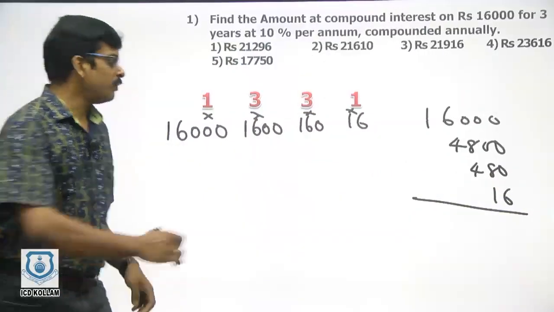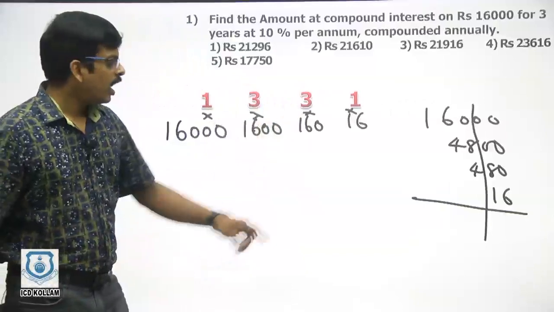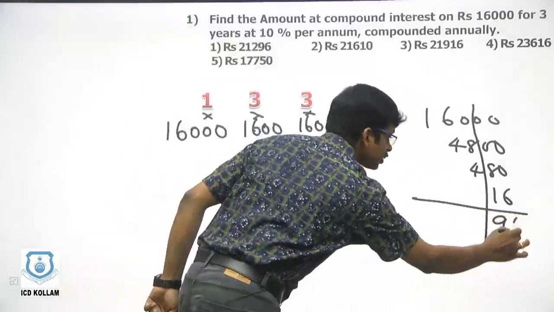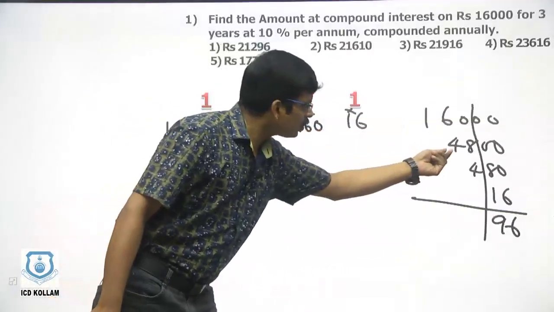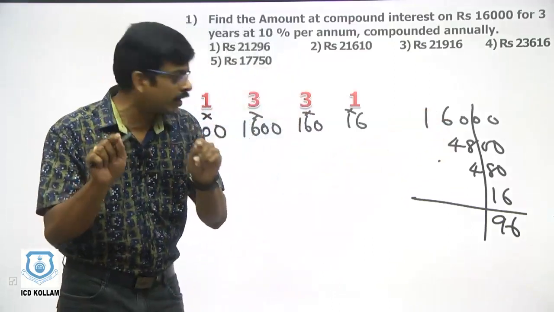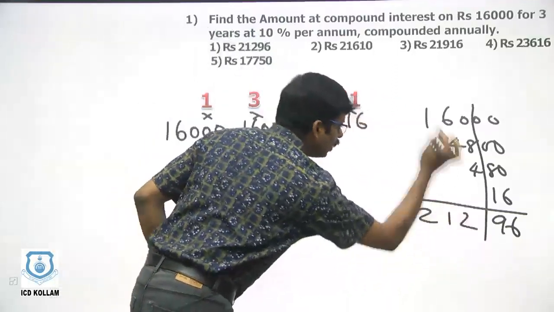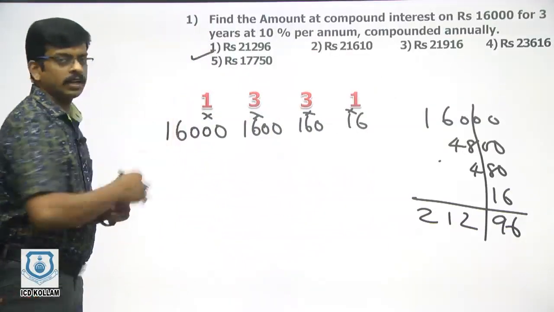For convenience, I divide it into two parts, and it is 80 plus 16, 96, and 160. I give 40 from this 48 to this number, and that will become a beautiful 200, remaining 8 plus 4, 12. So a total of 212. So the answer is 21,296. It is in option 1.